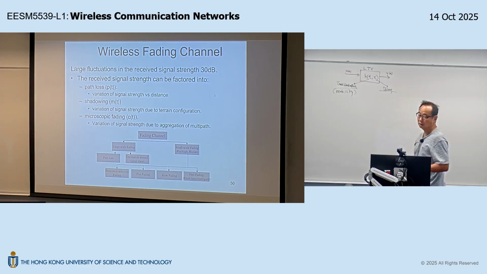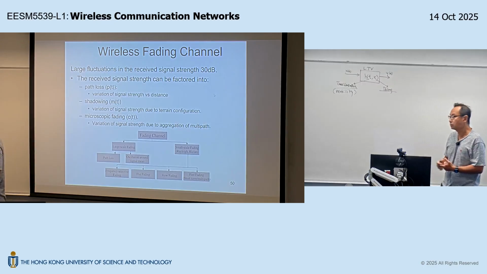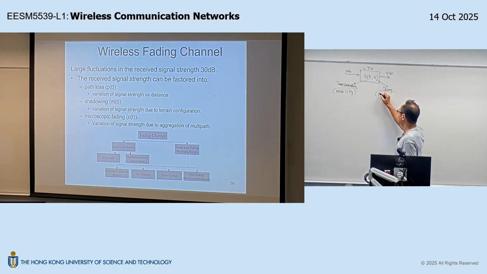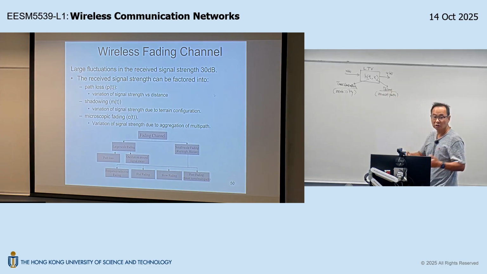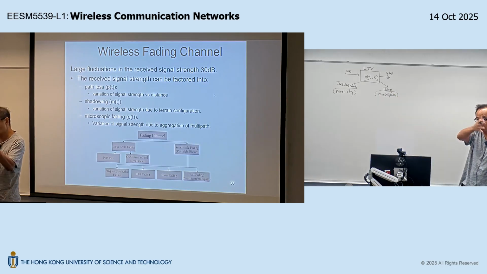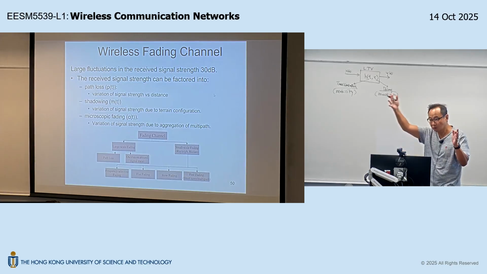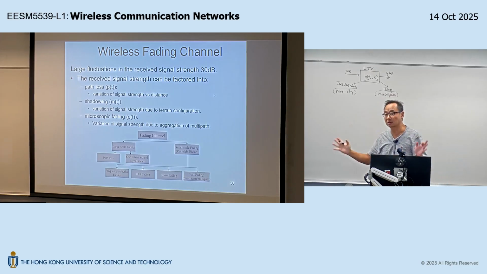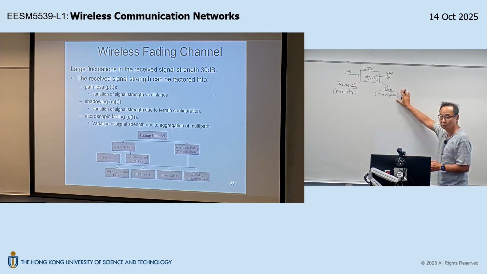It's to capture the delay response, and this is induced by the multipath. That means there is more than one path from the transmitter to the receiver, and different paths land at the receiver with different delay. That's why this is called delay response.